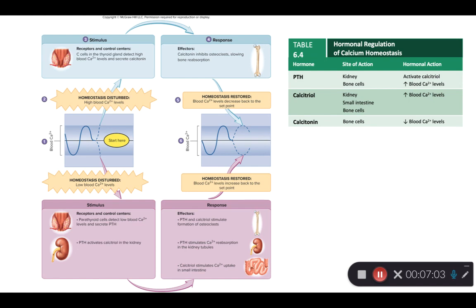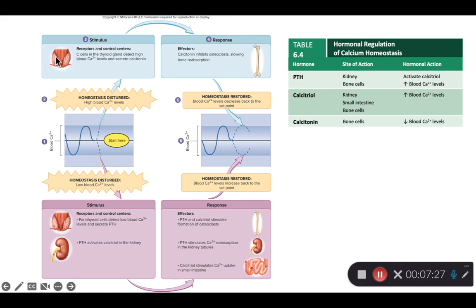This is the new book's version of that. So it's the same principle. We're looking at calcium homeostasis. They go about it a little different. So again, you can kind of start here. They show calcium levels going up. All right. So what are we going to do when homeostasis is disturbed and calcium goes up? Well, we're going to target the thyroid gland.